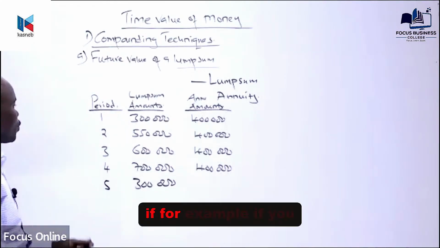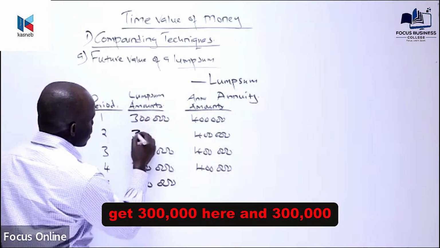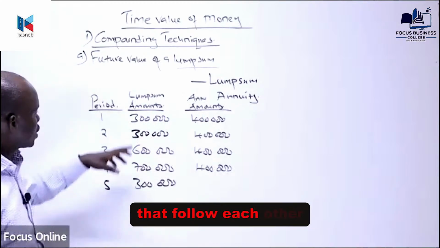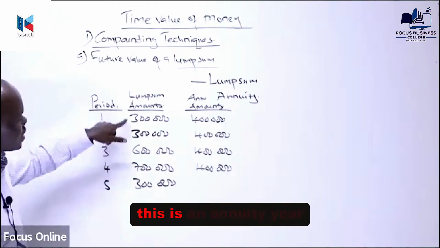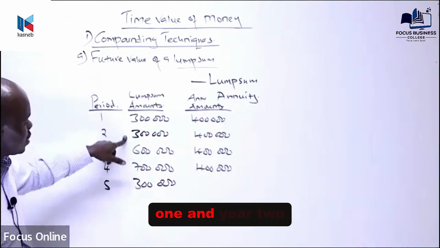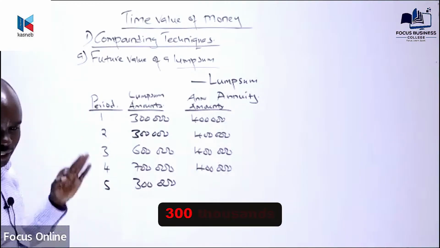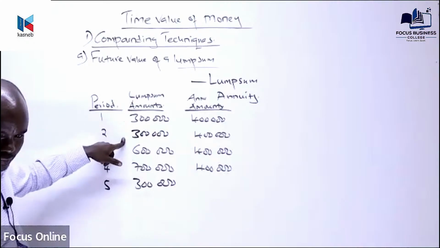However, if you get 300,000 here and 300,000 here, two 300,000 that follow each other, this will be referred to as an annuity. Year 1 and year 2, or period 1 and period 2, we have an annuity of 300,000 because they follow each other.